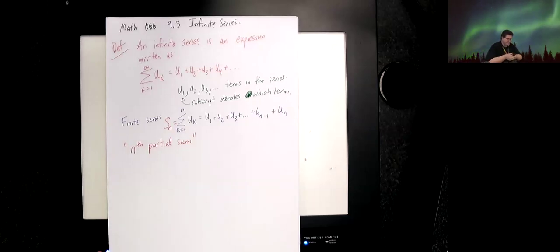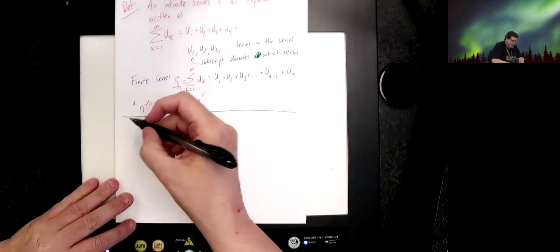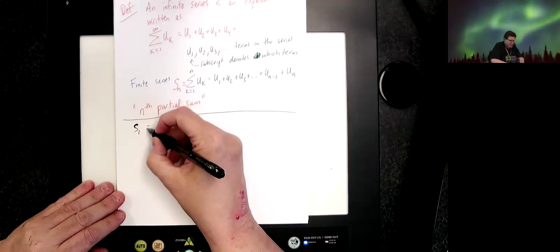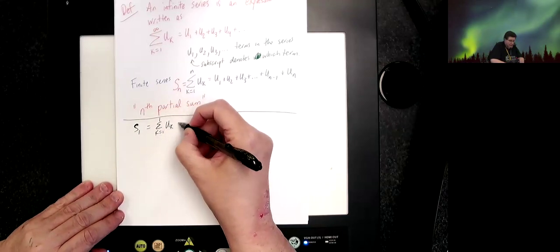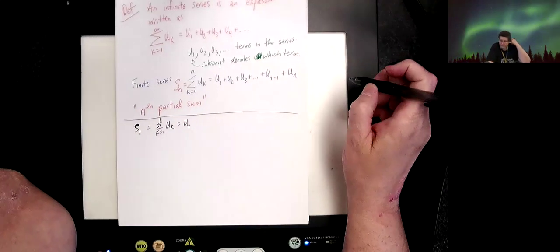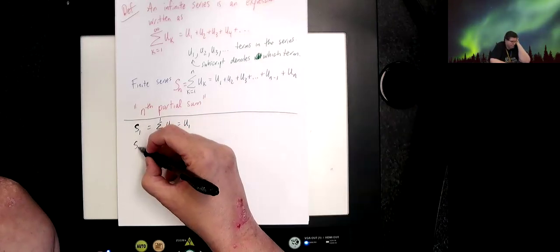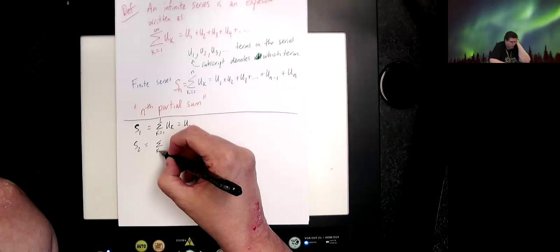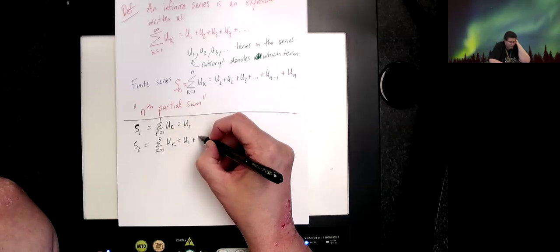So let's look at a few of them, just in general. S sub 1 is k equals 1 to 1 of u sub k, and that's just u1. S sub 2, k equals 1 to 2 of u sub k, so u1 plus u2.